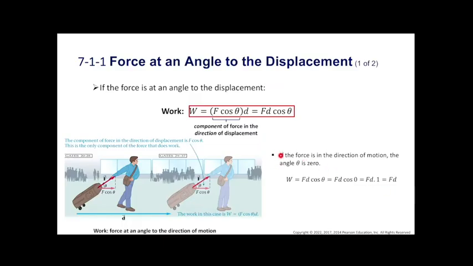And in the case where theta equals 90 degrees, that means the force and the displacement are perpendicular. In that case, cos 90 is 0. Therefore, work done is 0. So, if the force and the displacement are perpendicular, the work done should be 0.